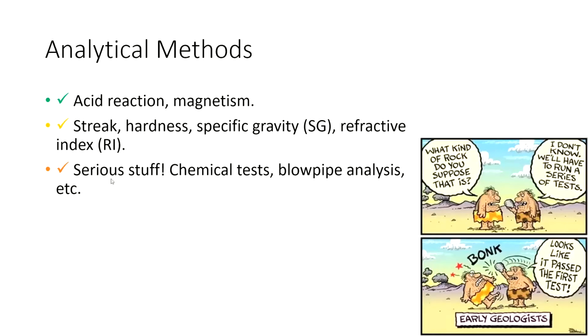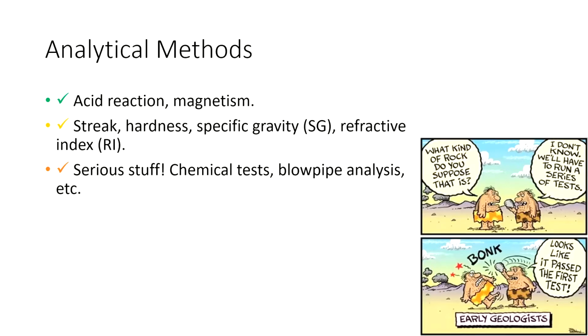And then we have analytical methods, and there are a couple of different things to look at there. For the most part, you can probably do a bit of vinegar, see if you get a reaction. You can test out magnetism. I've put a green tick against that because of the ease of doing it.